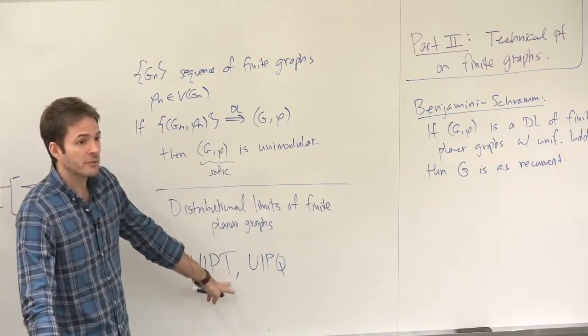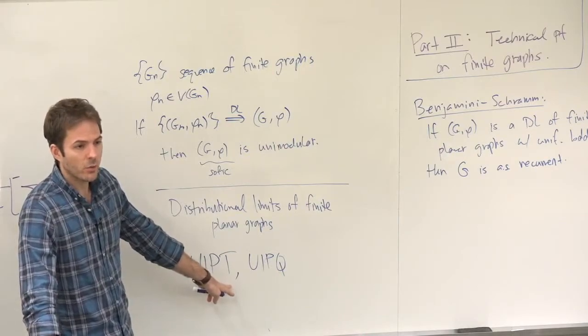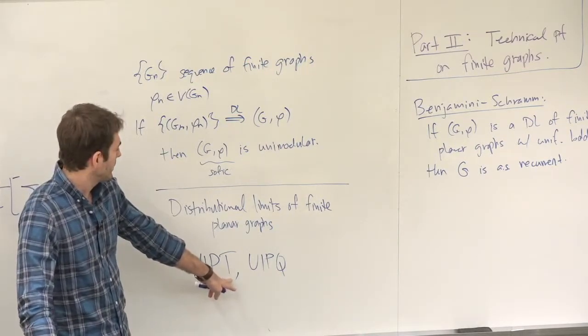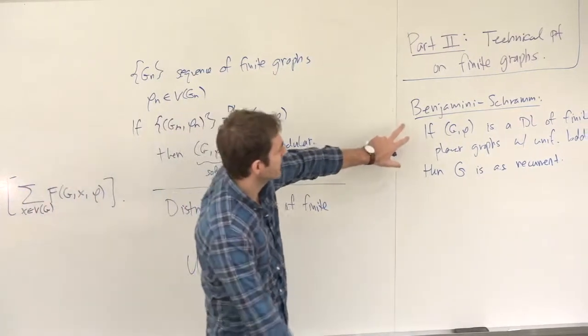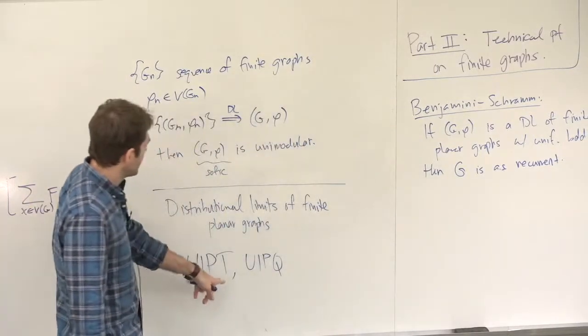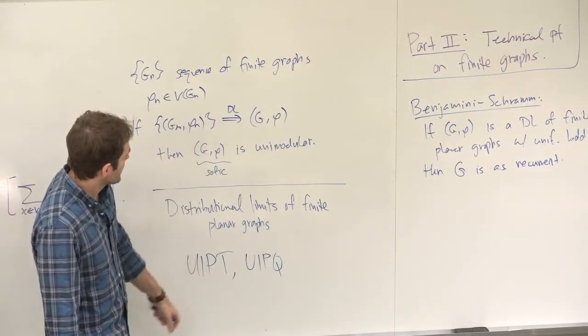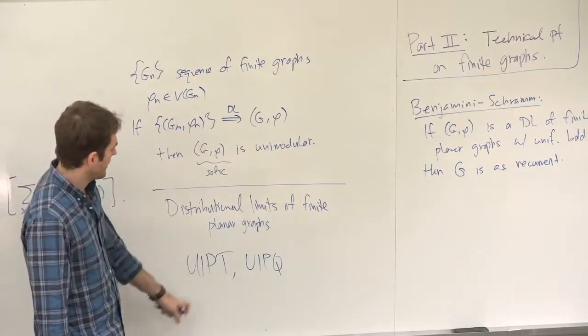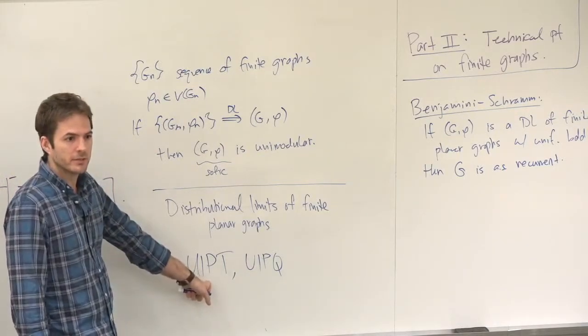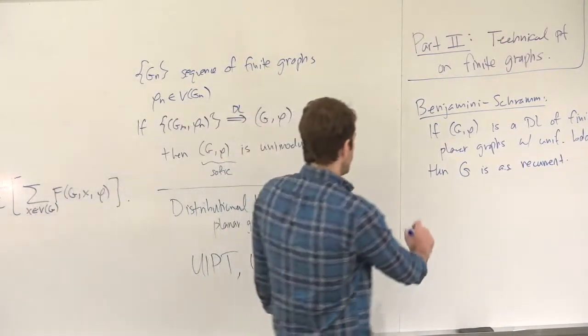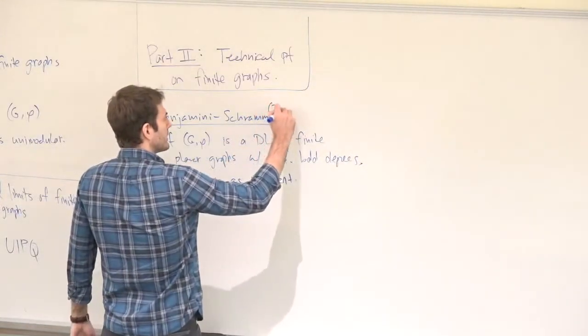It appears that the Green function is diverging, and you can in fact see the quantitative rate. But it was unproved, and unfortunately this doesn't suffice to prove that, say, UIPT is recurrent, because the degrees here are not uniformly bounded. The degrees in UIPT are unbounded. So this was around 2001.